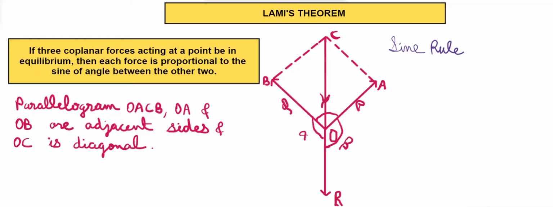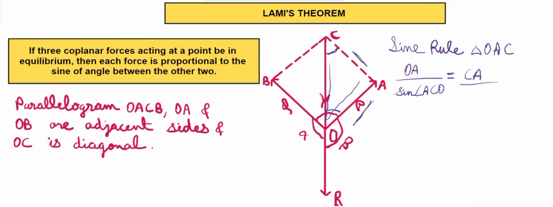As per the sine rule for triangle OAC, OA divided by sine of angle ACO is equal to CA divided by the sine of angle COA, and that is equal to OC divided by sine of angle OAC.